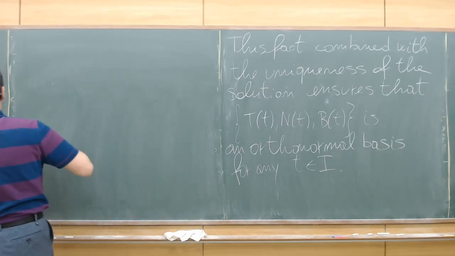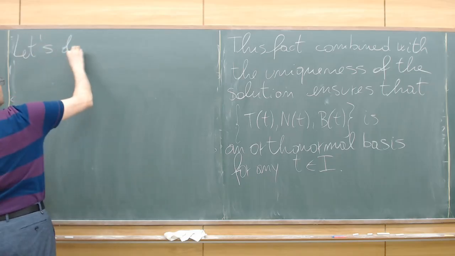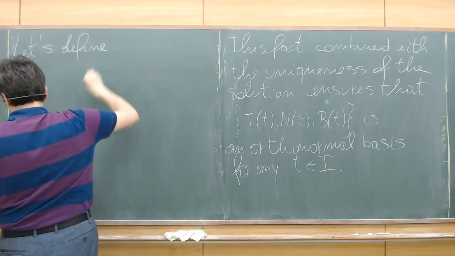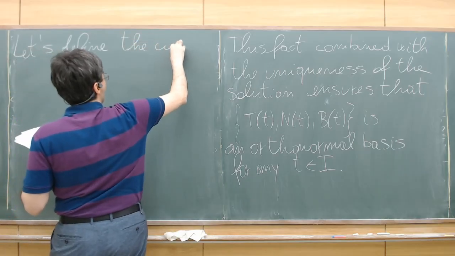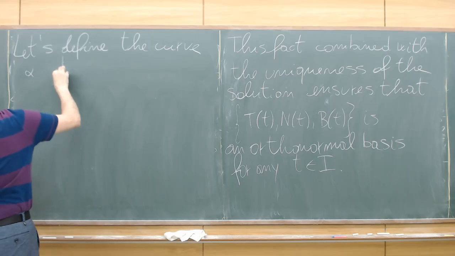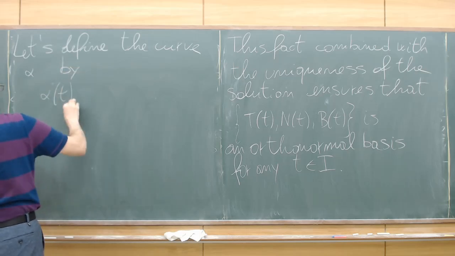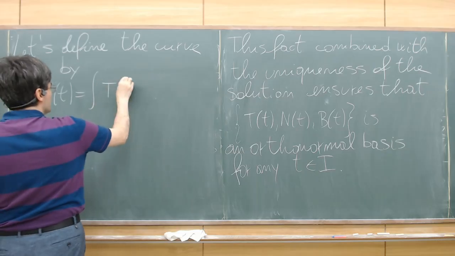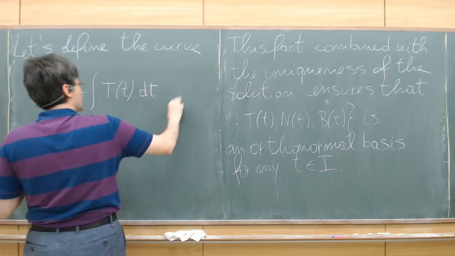So let's define the curve alpha by alpha of t equal the integral of T of t dt, with t in I.